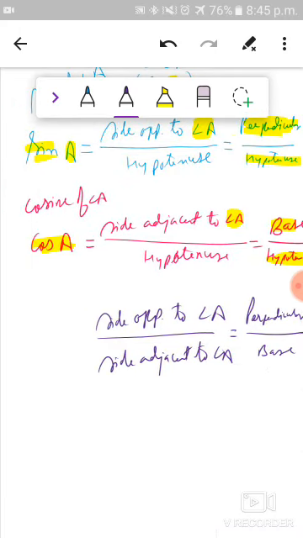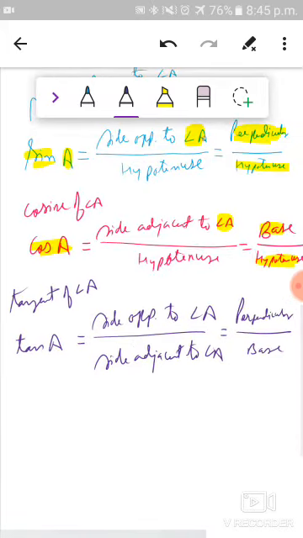So the ratio of perpendicular and base of a right angle triangle is called tangent of angle A, which we write as tan A. So tan A is perpendicular upon base.